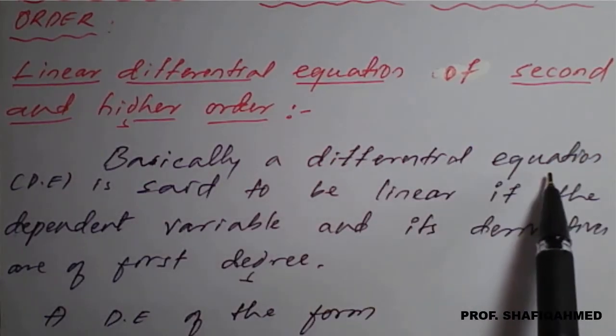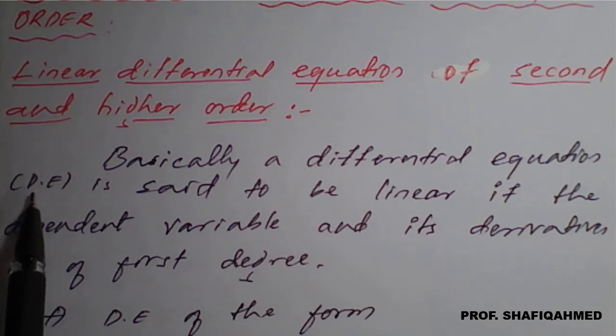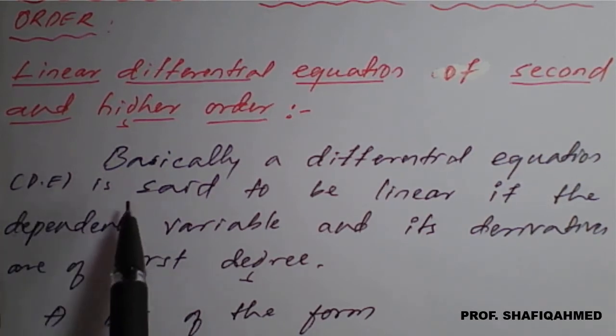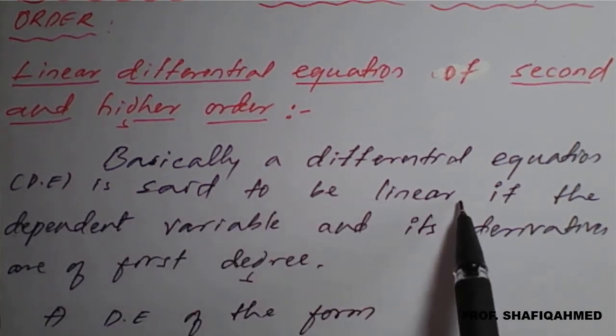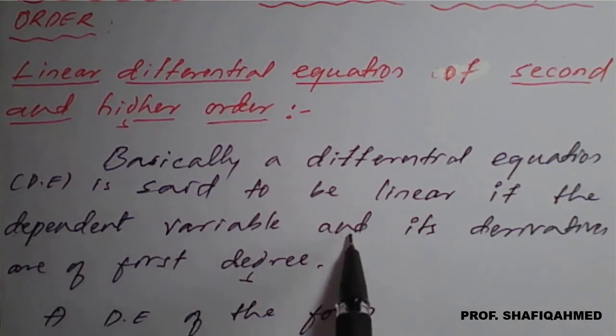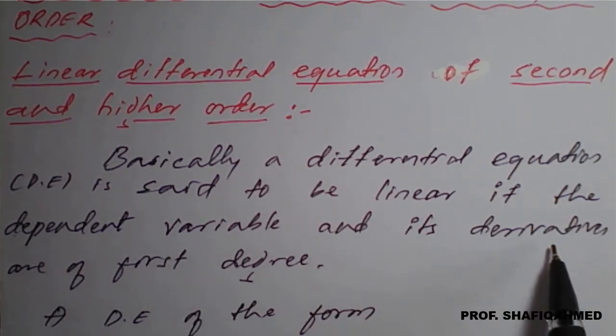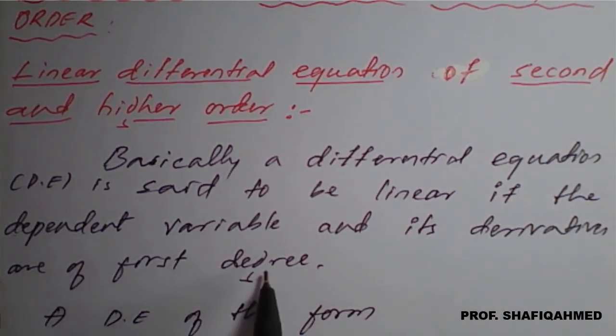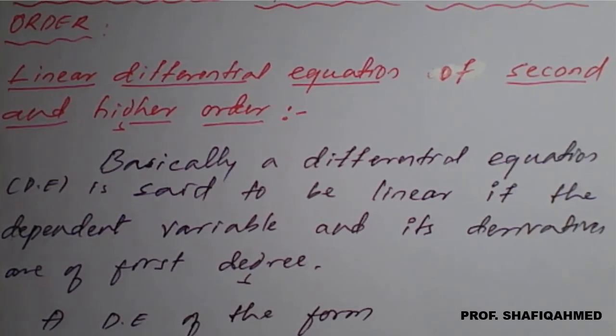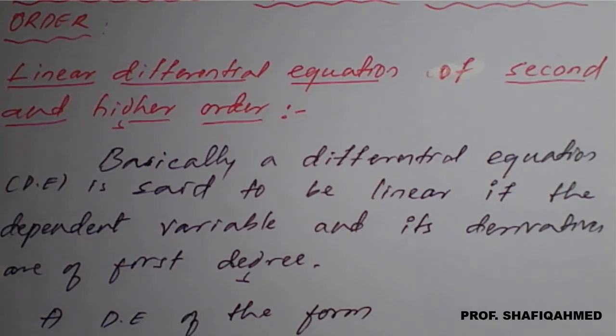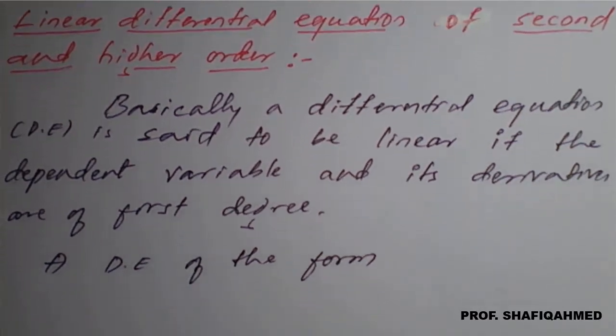Basically, a differential equation, in short D.E., is said to be linear if the dependent variable and its derivatives are of first degree. So let's see here.